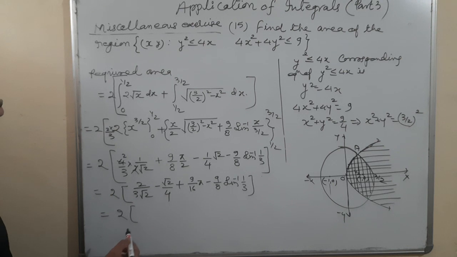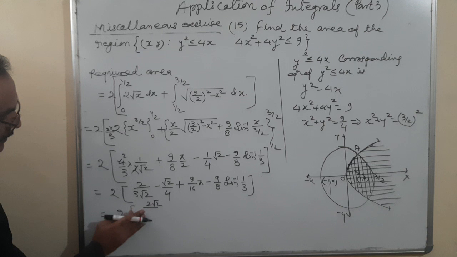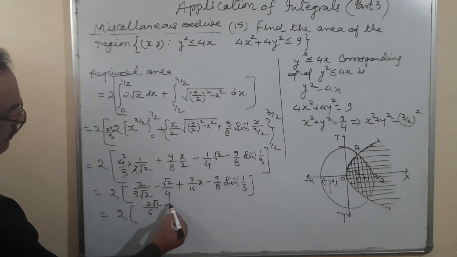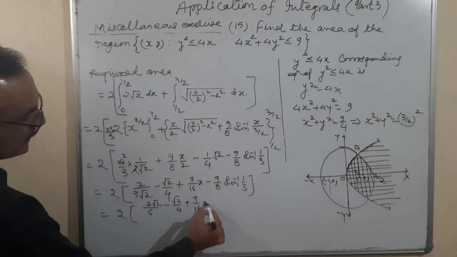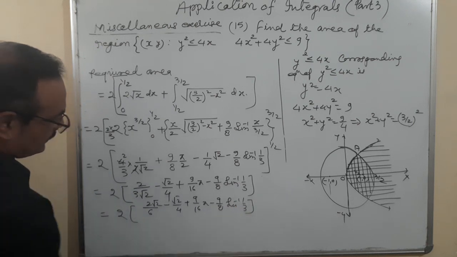Let us calculate it. It is coming 2 root 2, or I can write here 2 upon 3 root 2 divided multiplied. So 2 root 2, 3 2s are 6, minus root 2 upon 4 plus 9 upon 16 pi minus 9 upon 8 sine inverse 1 by 3.